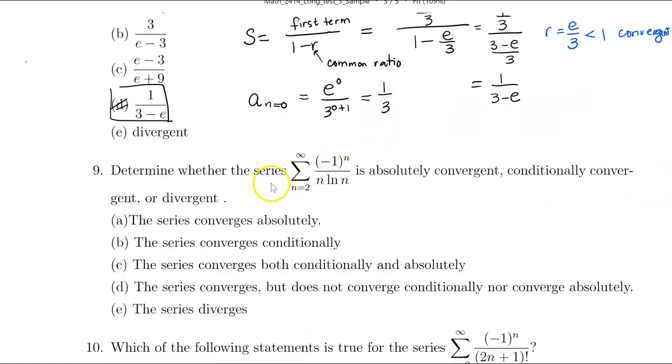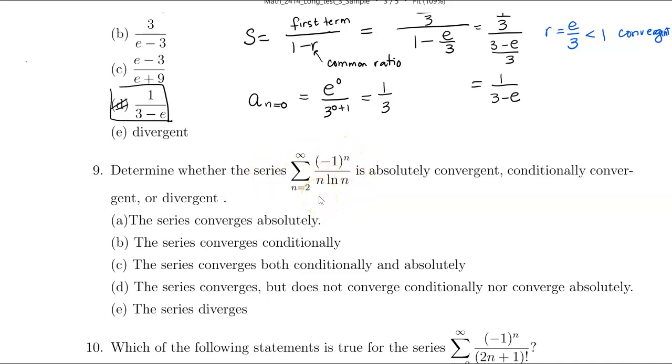So this next question is asking us to determine whether this series is absolutely convergent, conditionally convergent, or divergent. Now I want you to remember the definition of conditionally convergent. Conditionally convergent is a series wherein it is convergent as is.